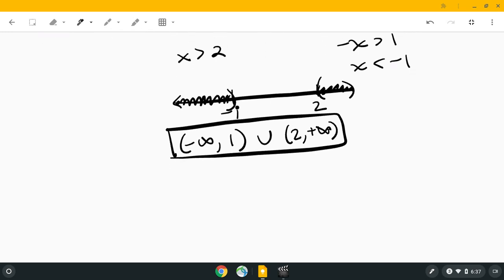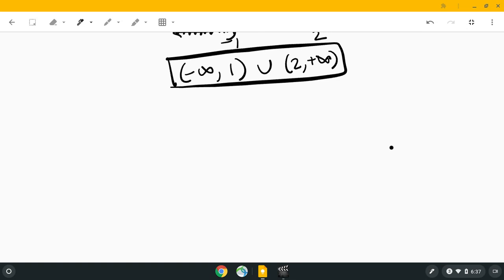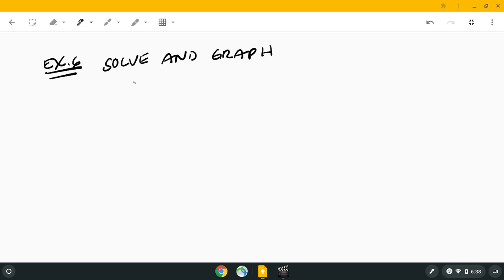So again, with union, everything that gets shaded is the solution set. With "and," it's only what they have in common. Let's take a look at another one. Solve and graph: x plus 3 greater than or equal to -3, or negative x greater than 0.